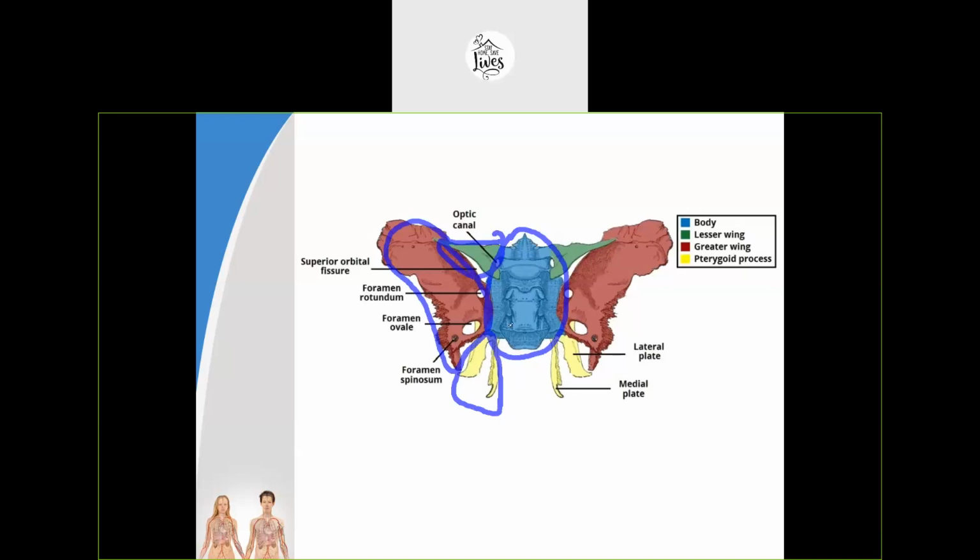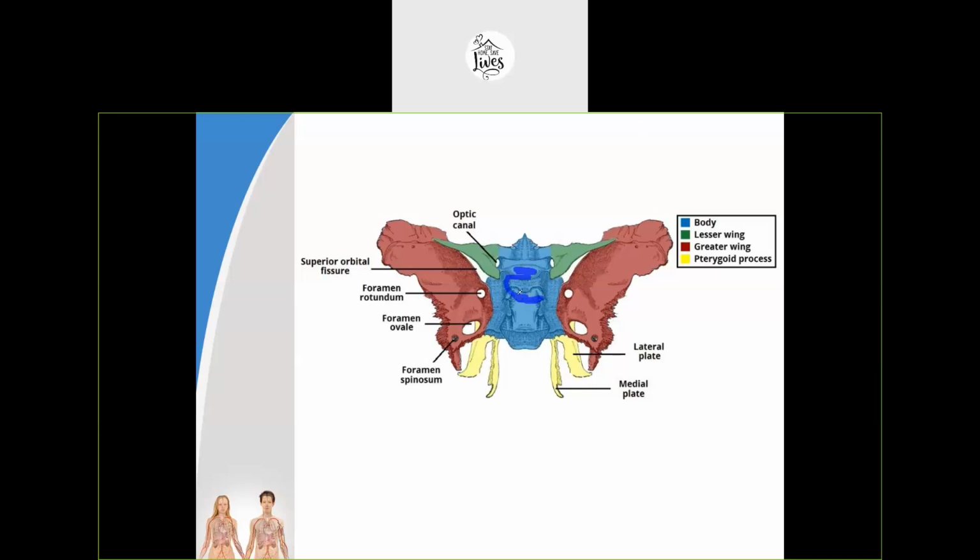Now, on the body of the sphenoid bone, we have a saddle-shaped prominence that is called the sella turcica. So here, this is the sella turcica, and that is having a saddle shape. And just let me clear this. This will be making up the anterior part of the saddle, and this will be making up the posterior part of the saddle.